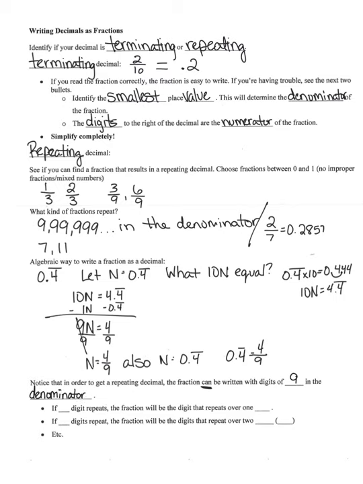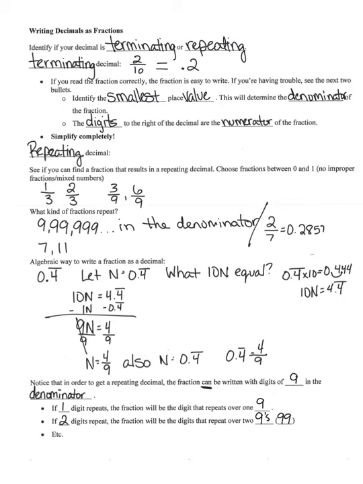So if there's one digit that repeats, the fraction will be the digit that repeats over 9. So again, looking at what I just showed you, 0.4 repeating, just the 4 is repeating, therefore it's just one digit, so it's written as a fraction over 9. If there are two digits that repeat, the fraction will be written with the digits that repeat over two 9s, which would be 99.